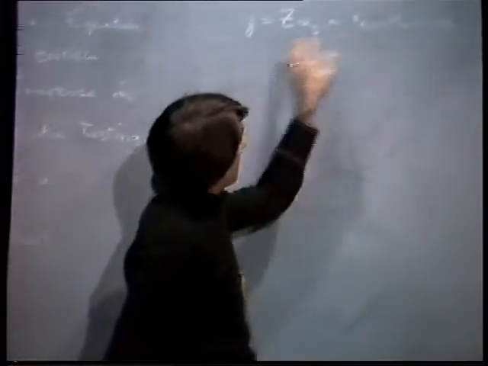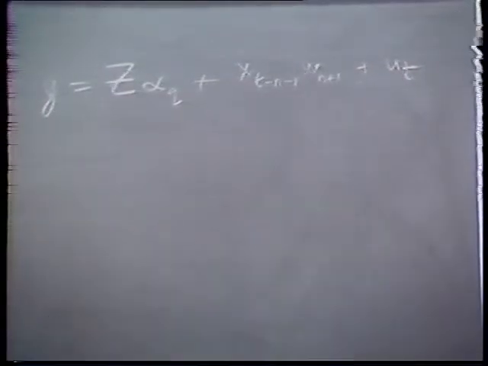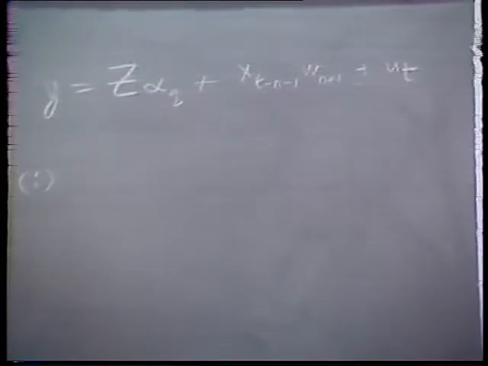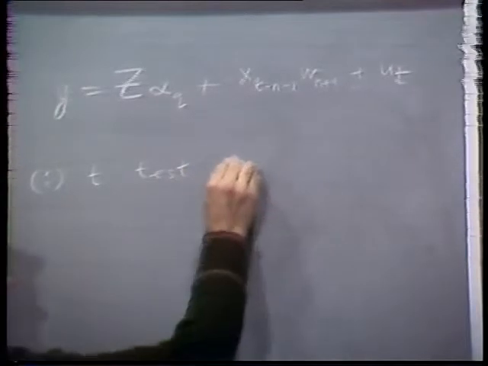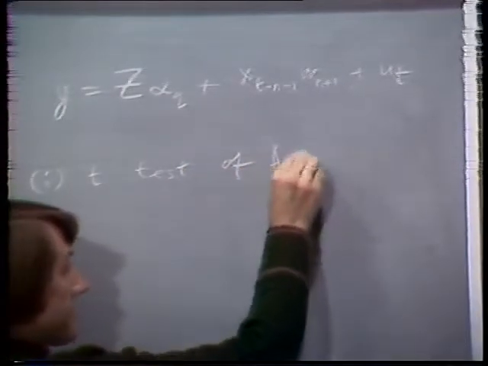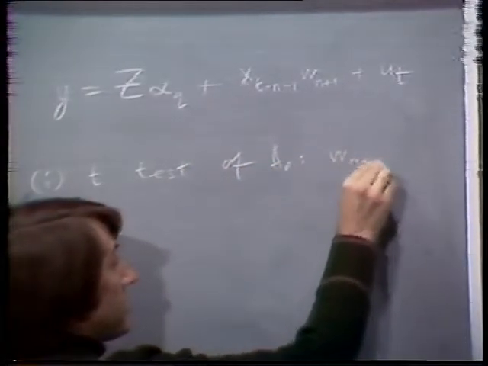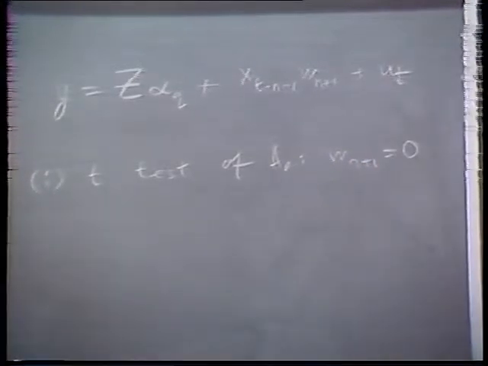We can now consider the estimation of that model, and in particular the estimation of w at n plus 1, and consider two tests. Firstly, a t-test of the hypothesis that w n plus 1 is 0. In other words, that we don't need a lag at n plus 1.